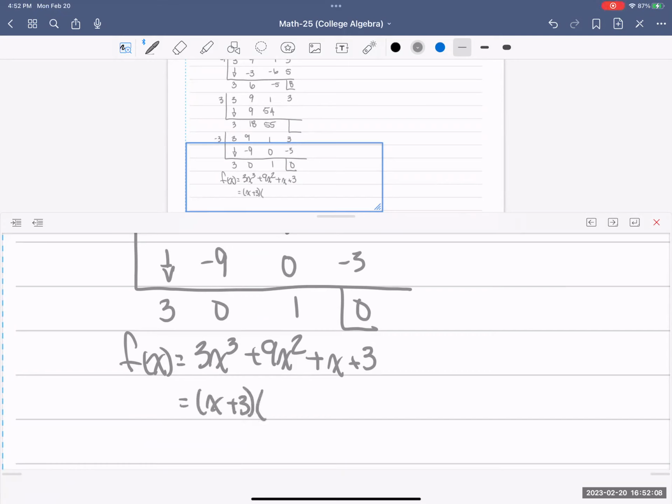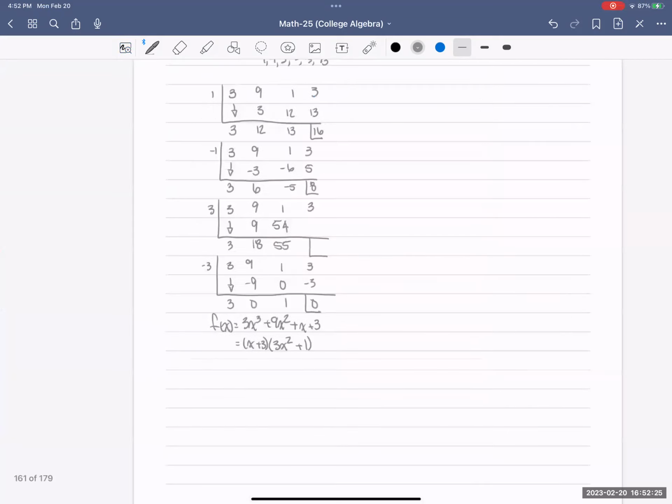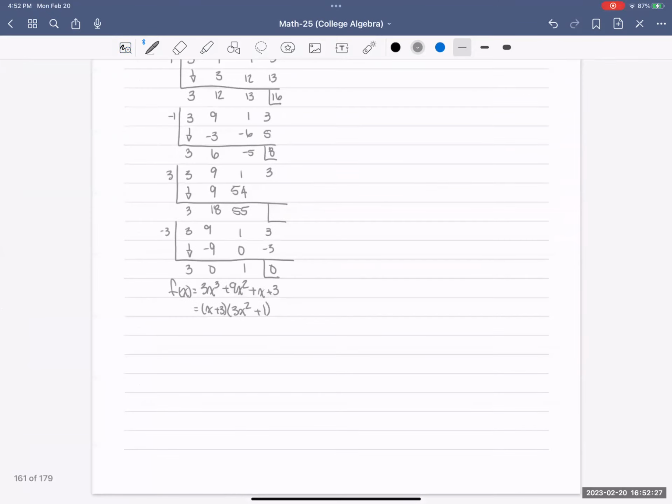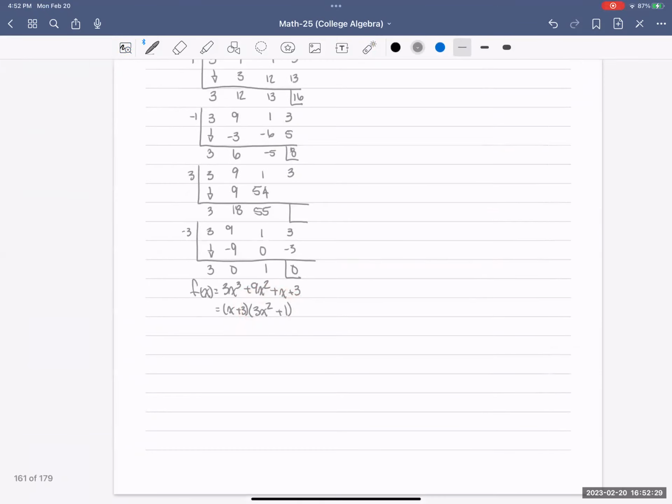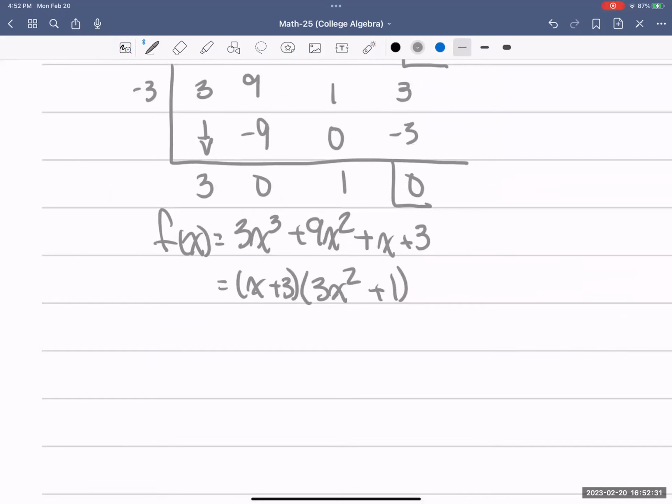And we're left with 3x squared plus 1. Doesn't look pretty, but at least we have something that we could factor. So it's not that we could factor it, but we could actually just look for the other 2 zeros, or we could factor it. So what we're looking at now is our 3x squared plus 1 equals 0.